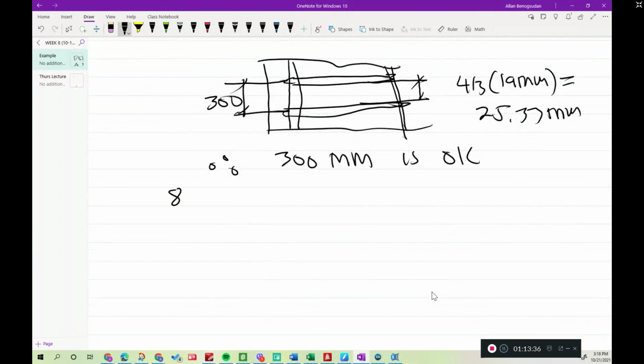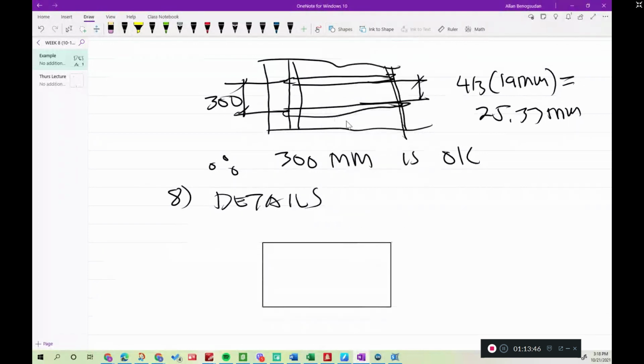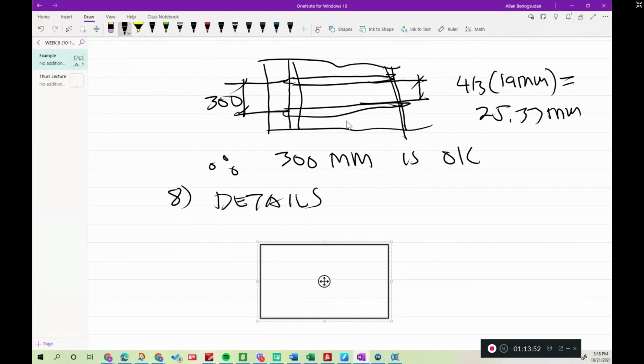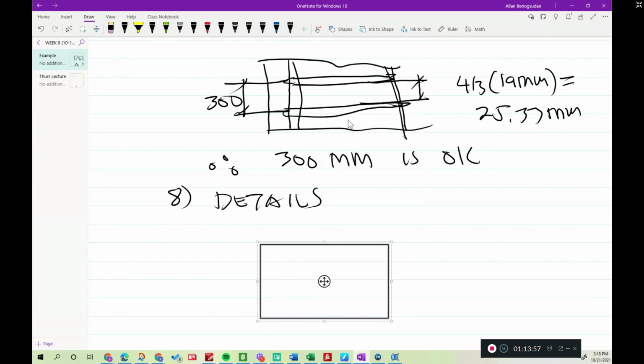Then the last is the details. You have to draw this. Now I would like you to note, because anyway, this is a discussion.